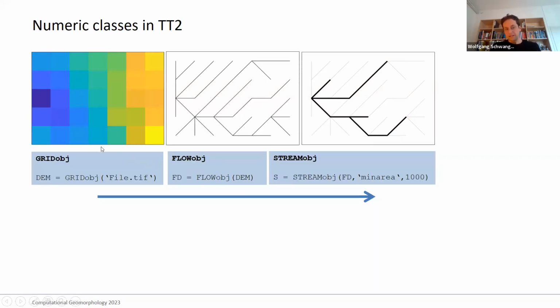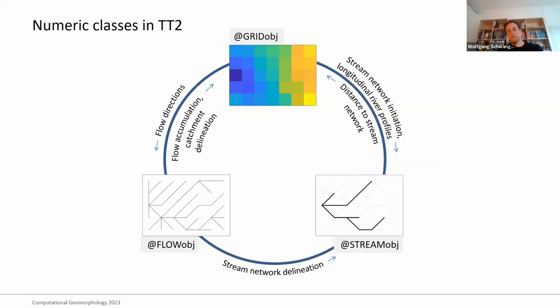So in fact, these different objects can be looked at kind of linearly. We have a grid object, a flow object, and then a stream object. But in fact, they interact. And that's how we started to think about workflows.